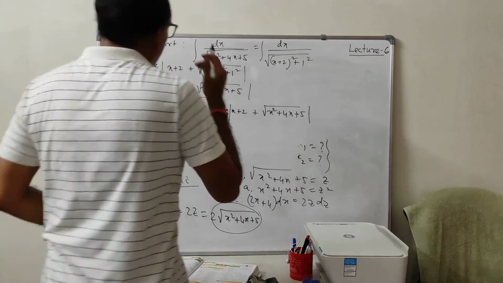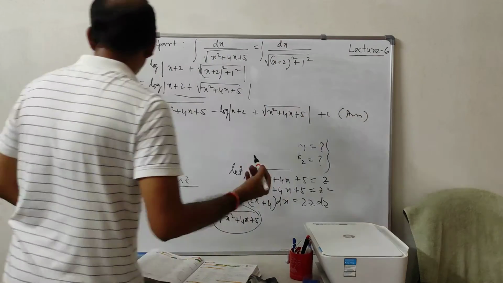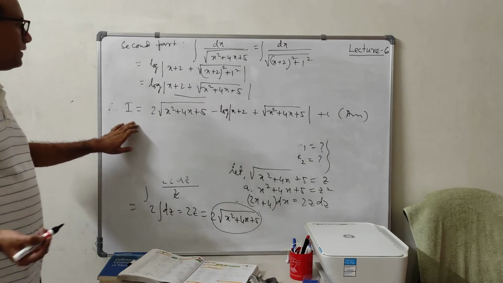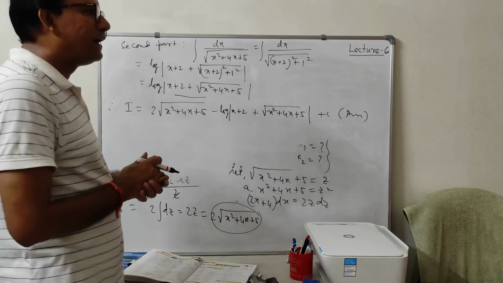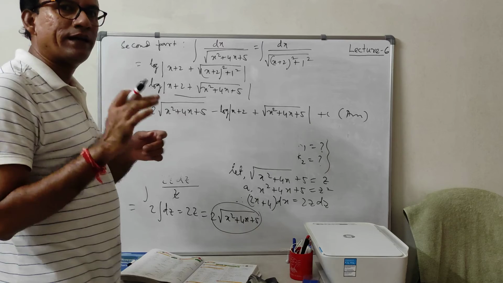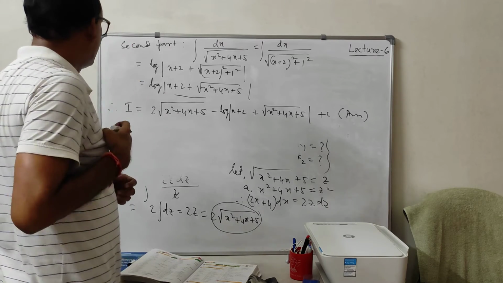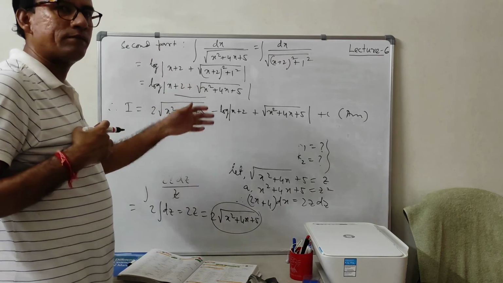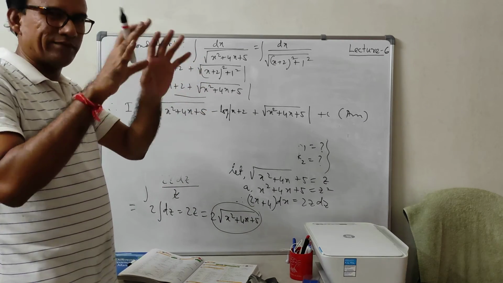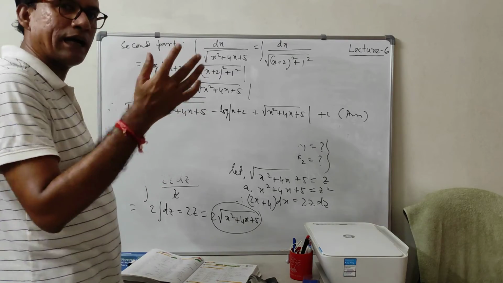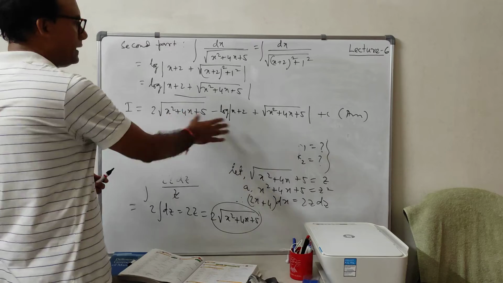So without adopting the conventional method, I adopted an alternative method here. This is the end of the integral. Actually, here I write I, but I did not take the given integral as I. I should have taken the given integral as I. But in this type of problem, when the integral is something bigger in size, always take I. Okay, so this is the end of the problem.